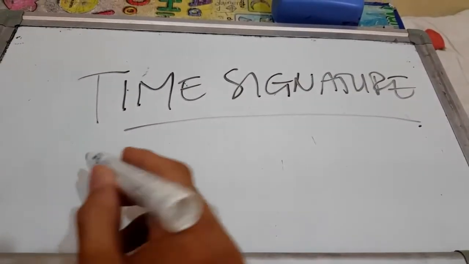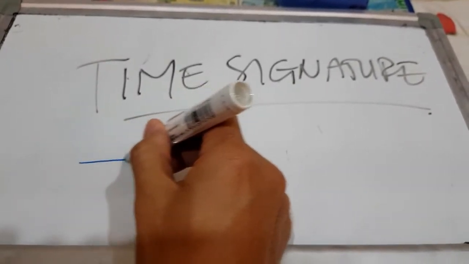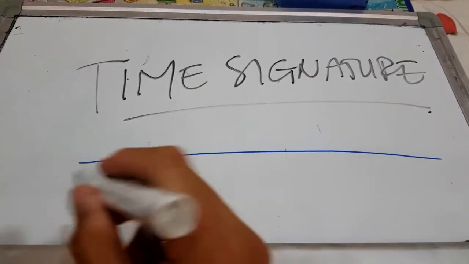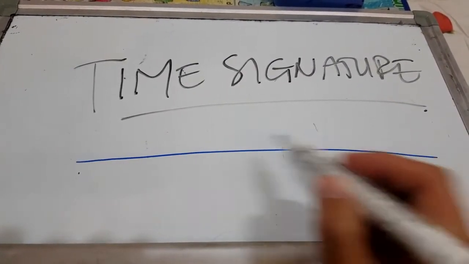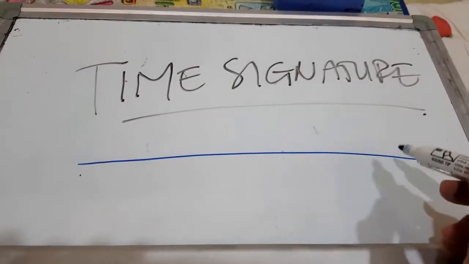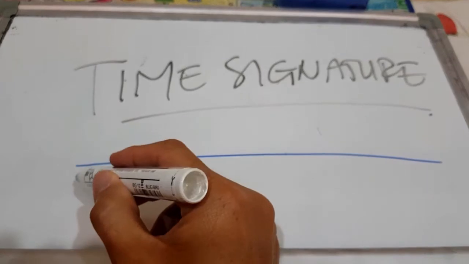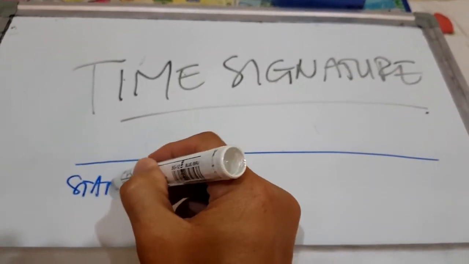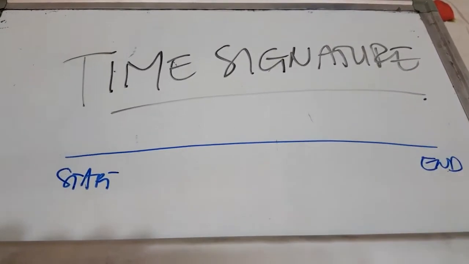For example, we have a song like this. Just consider this as a song. This blue line here, your song starts from here and then it ends here.